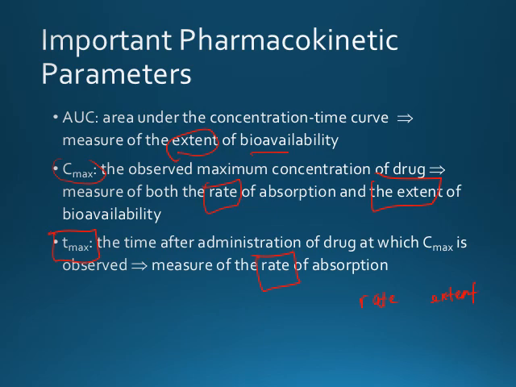So AUC focuses on the extent, Cmax on rate and extent, and Tmax is a measure of the rate.